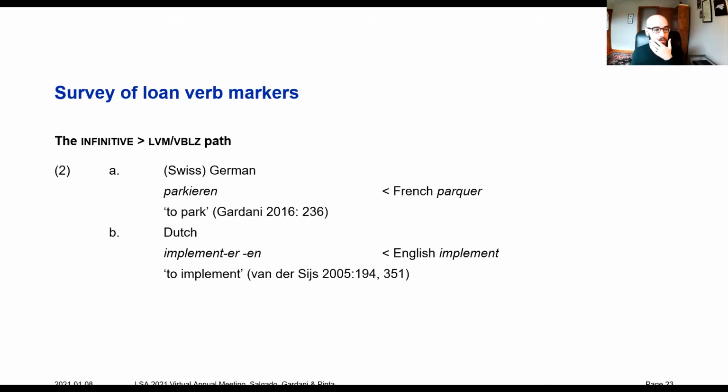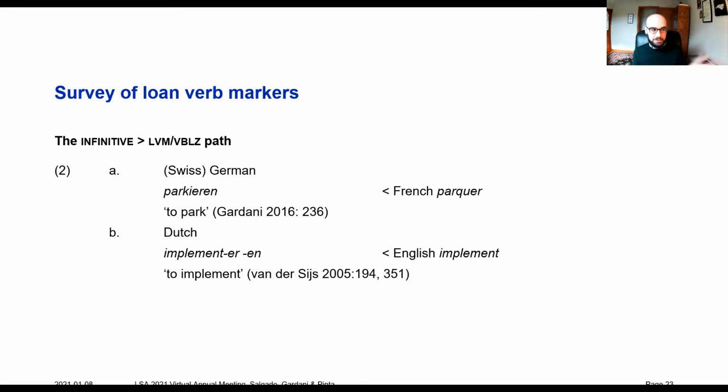A different path that we see as well is the infinitive to loan verb marker path. And in this case, this is exclusively used for loan verb marking, but it also does that work. This is the classic example of the Romance origin infinitival marker, which has been borrowed into many Germanic languages, which I'm sure many of you are familiar with. It's actually not just Germanic languages, lots of Indo-European languages outside the Germanic subfamily do this in addition.